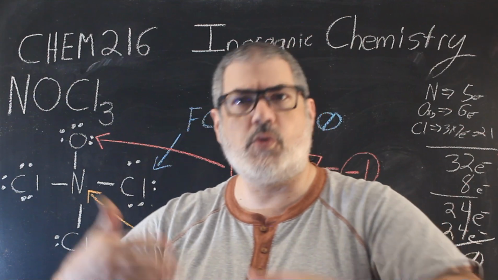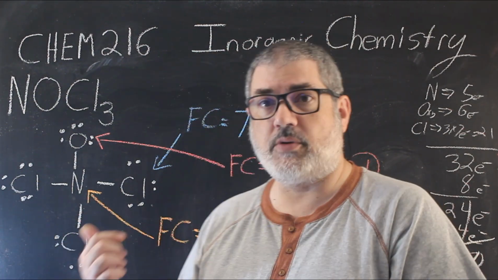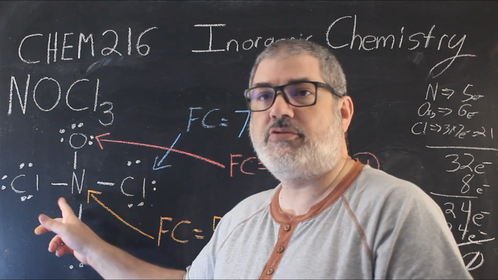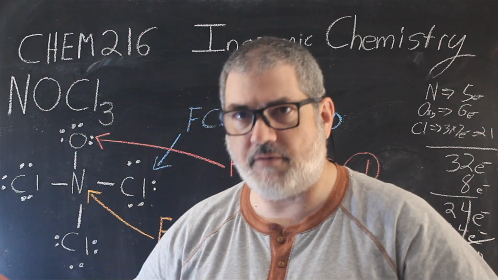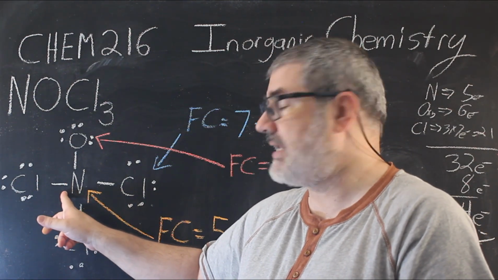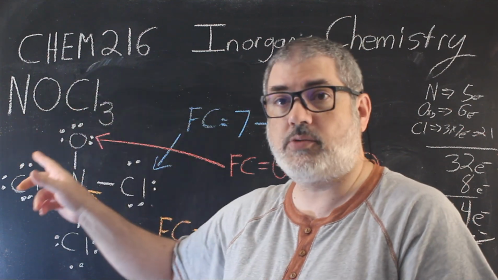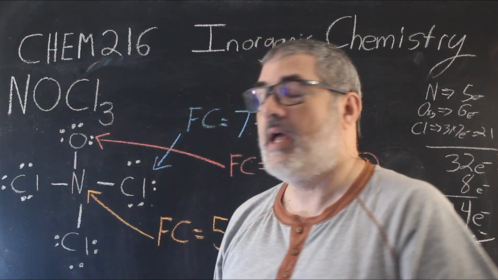And again, this is something we'll be discussing the root cause of later in the course. Basically, it comes down to what atomic orbitals are available. Nitrogen does not have d orbitals available to have more chemical bonds. When we look at the analogous molecule for phosphorus, phosphorus oxytrichloride, we will see that this has a double bond. So, spoiler alert.